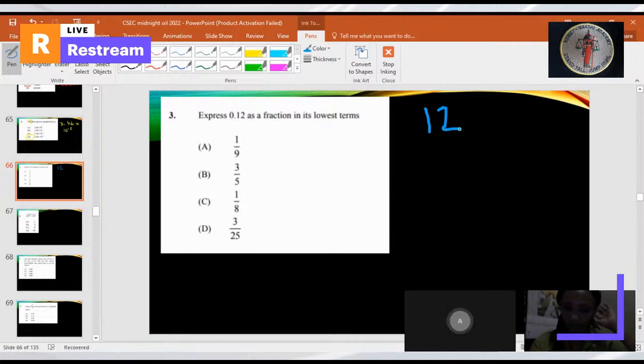If there's one of them, then we say it's in the tens place, so we put 10, and if it's two of them, we say it's in the hundredth place, so we put two zeros. So under the 12, we put two zeros. Because it's two digits, 1 and 2, we put it over 2 zeros, 100.